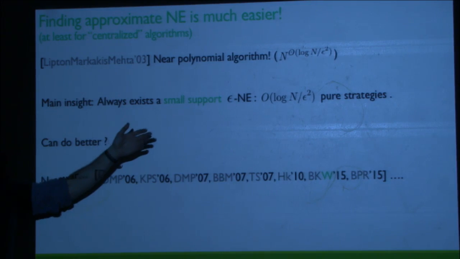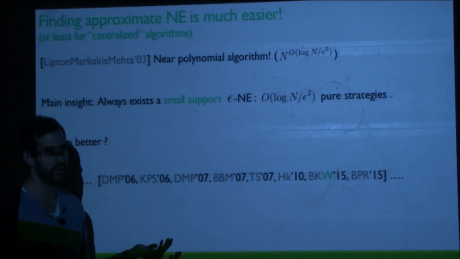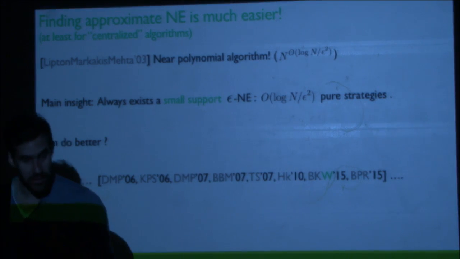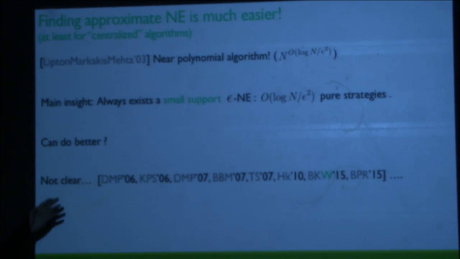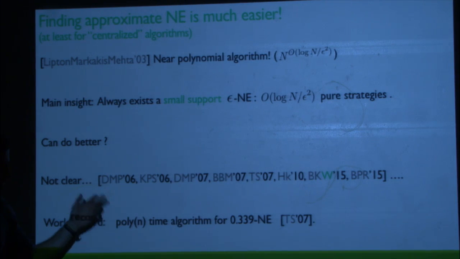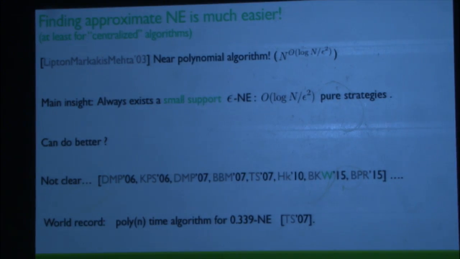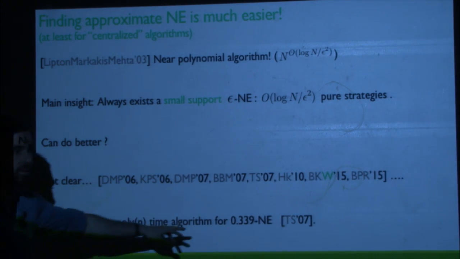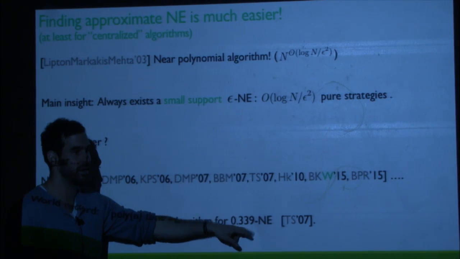There is much evidence both supporting and discouraging the possibility of actually getting polynomial time here. I will not get into this. I think the world record is a polynomial time algorithm that computes a 0.339 Nash equilibrium. And by the way, Zev, this is the only algorithm I'm aware of that does not use exhaustive search.